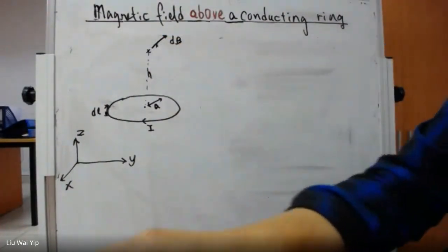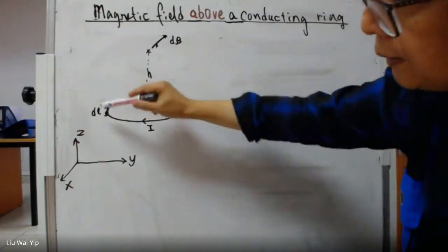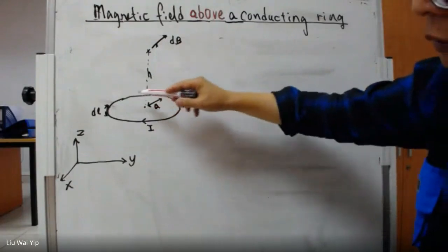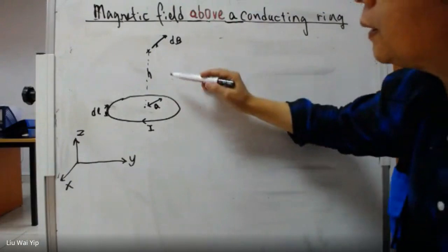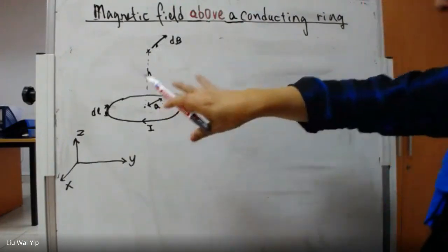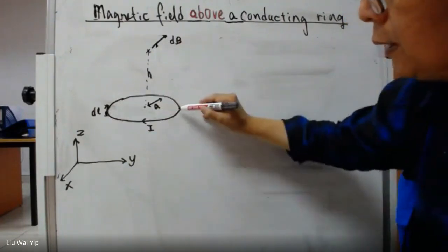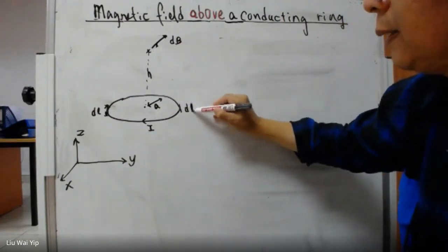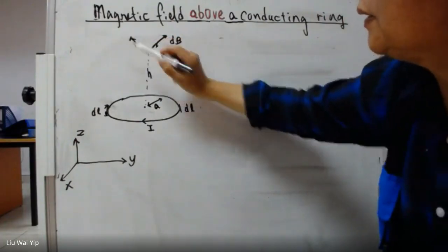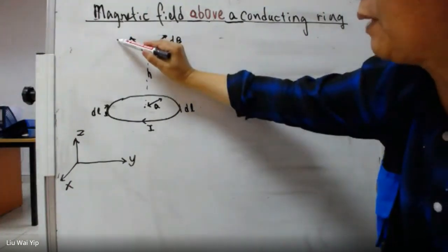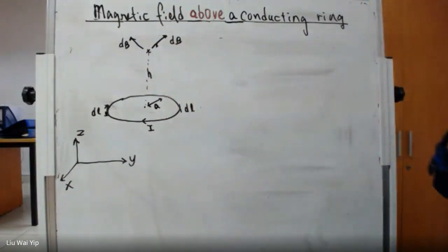Likewise, if you have a current running along the whole circumference, you should expect another magnetic field on the right side. You have a current here, and you also have a delta L here, and this delta L will end up with another magnetic field running in the opposite direction. So you also have a dB here.